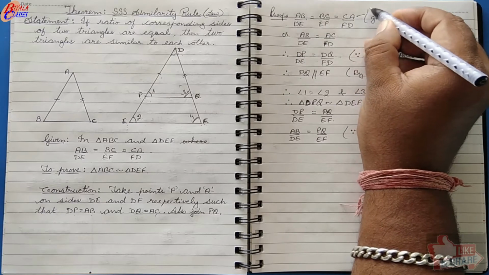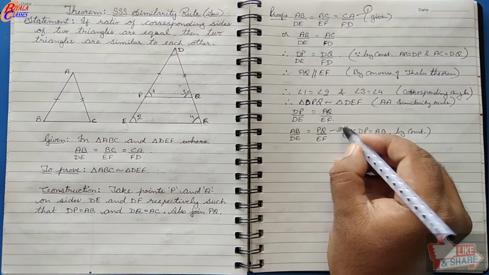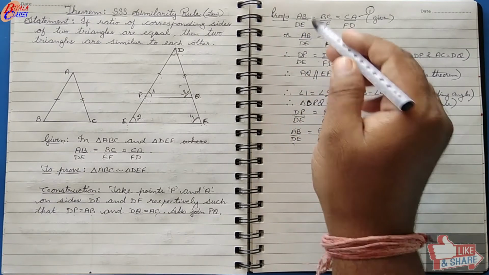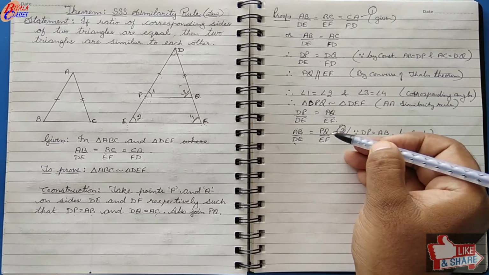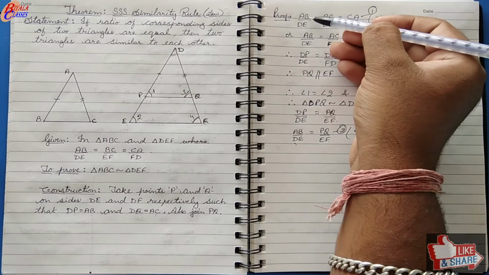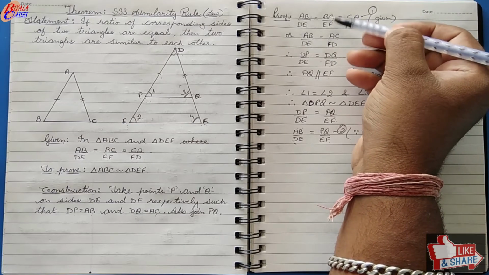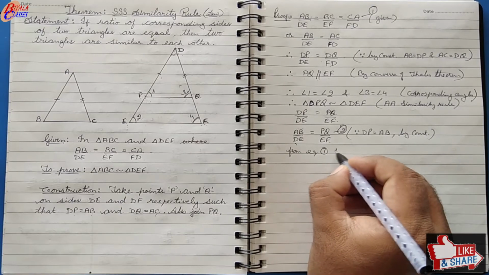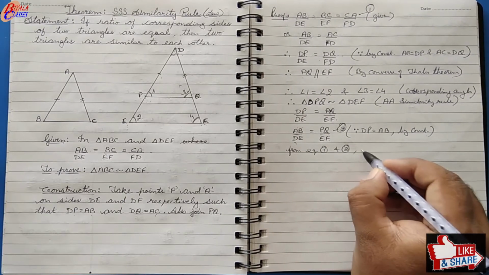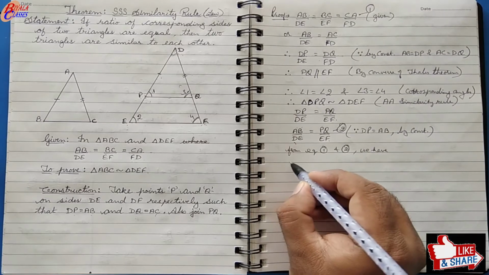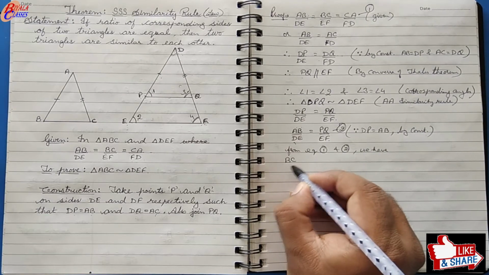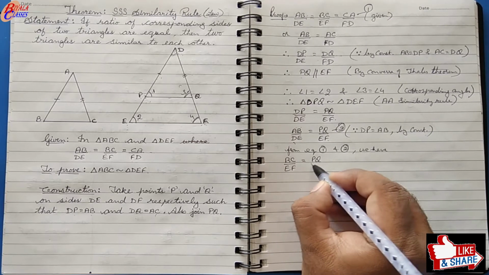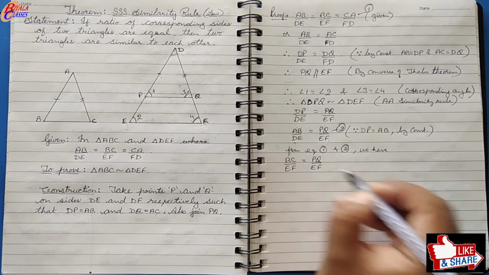Now if you consider this as equation 1 and this as equation 2, the ratio AB upon DE is common in this. So AB upon DE is equal to PQ upon EF, and AB upon DE is also equal to BC upon EF. So from equations 1 and 2 we have BC upon EF equals PQ upon EF.